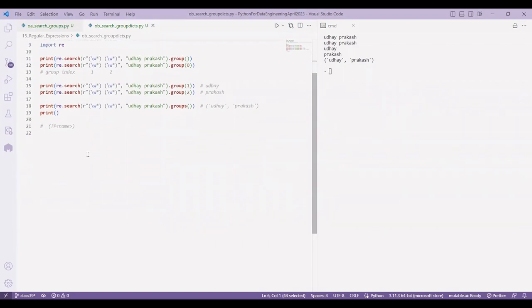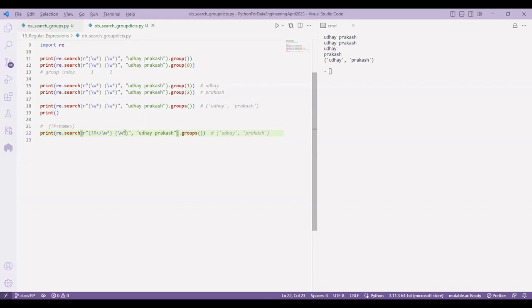This is like an extra stuff. So we should give it in this pattern. Whenever you are drafting, this name we should give in this way. I take the same pattern, but this time I add this one. We should say question mark P, and followed by that you give a name. That's it.